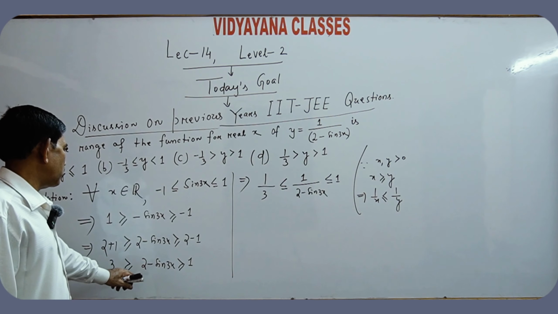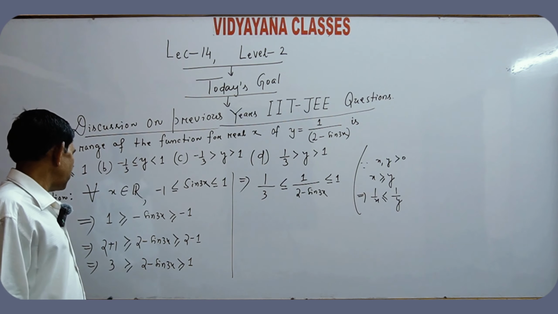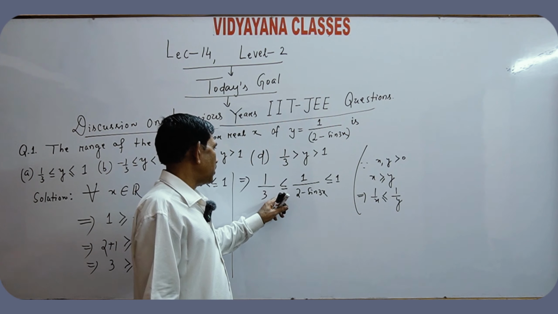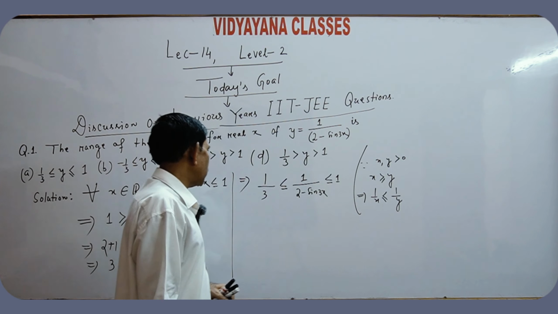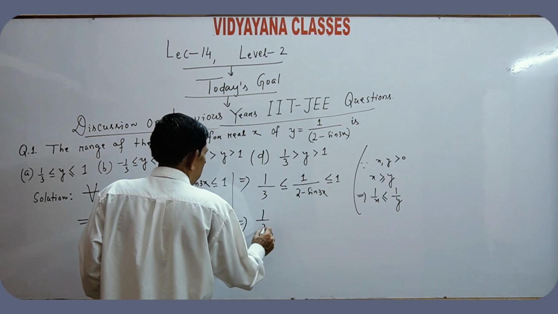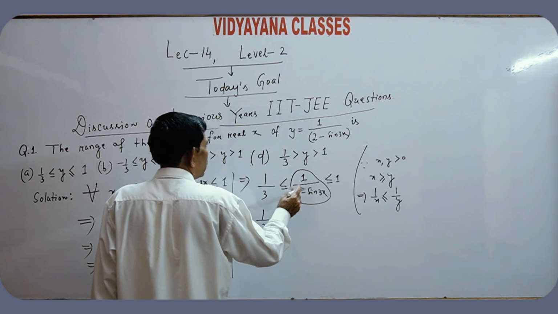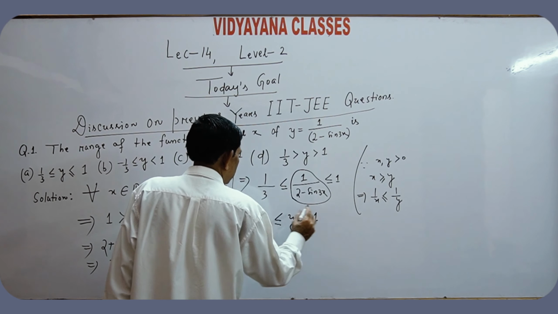We have 3 greater than or equal to 2 minus sin 3x greater than or equal to 1. On taking the reciprocal, it gives 1 by 3 less than or equal to 1 divided by 2 minus sin 3x less than or equal to 1, which implies 1 by 3 is less than or equal to y less than or equal to 1.